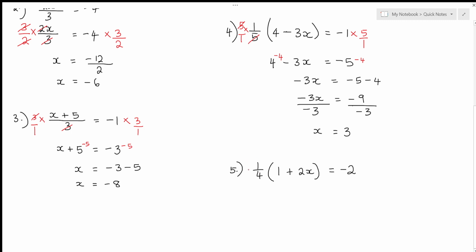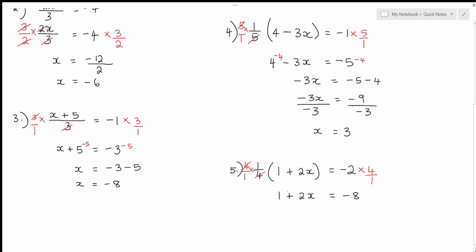So it's going to be 4/1 times 4/1. So the 4 and the 4 divides into one another, basically cancelling it out, and we are left with 1 plus 2x equal to -8, because it's -2 times 4, which will give you -8.